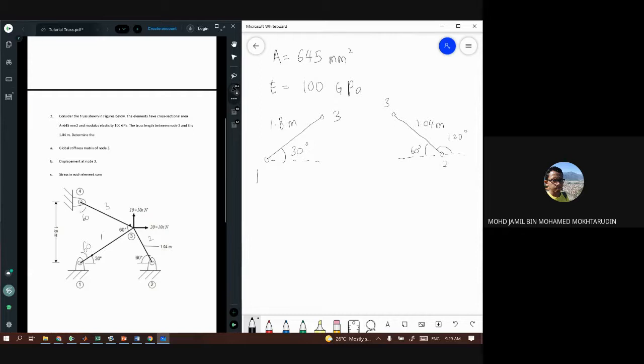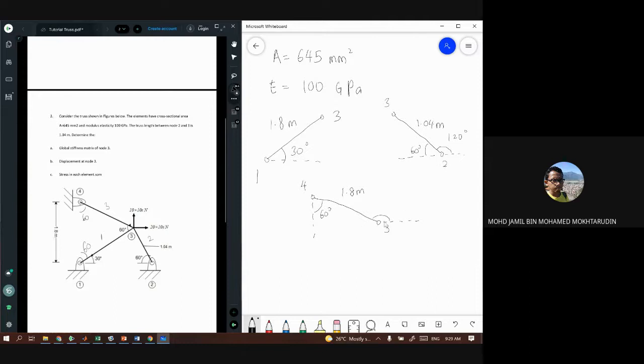Okay, now lastly we look at element number 3. Okay, so we need to use this angle, and then the length is also 1.8 meter.